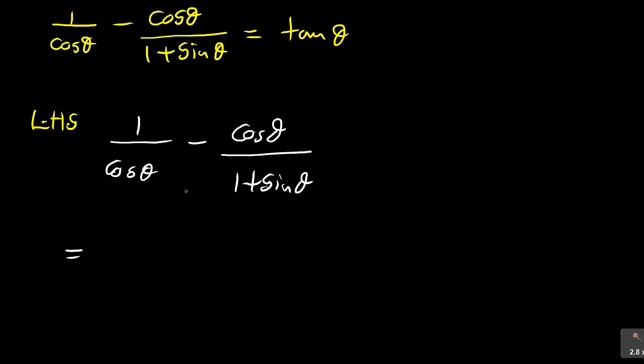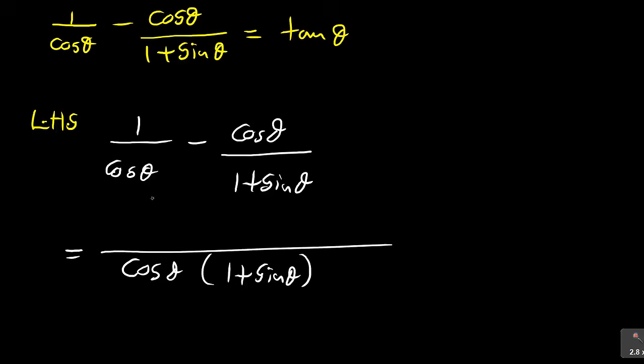I can add this to say what's the common denominator: cos theta bracket 1 plus sine theta, over, so cos theta into that, it's 1 plus sine theta times 1, which is 1 plus sine theta, minus 1 plus sine theta into cos theta 1 plus sine theta is cos theta times the numerator, which is cos theta.